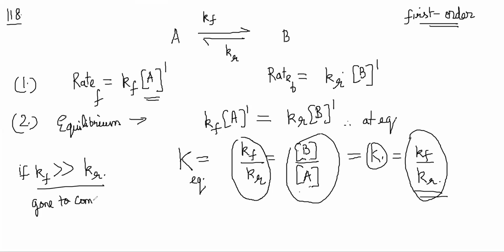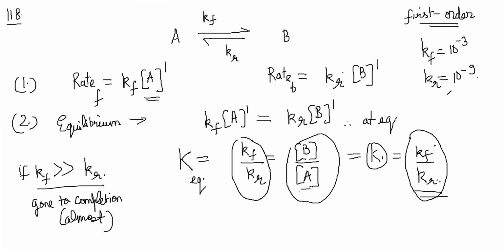Gone to completion almost, no? Because B is much higher than A, right? At equilibrium. See, equilibrium is like a steady state. Eventually, the steady state will be reached. At that steady state, if your Kf was much bigger than Kr, let's take some examples. So let's say Kf was 10 power minus 3 and Kr was 10 power minus 9, right? So Kf by Kr is coming out to be 10 power 6, right?